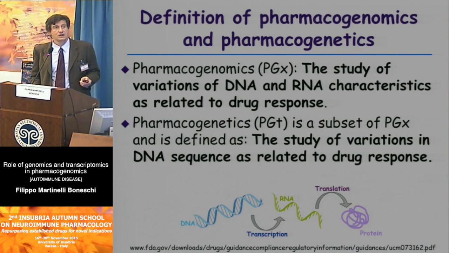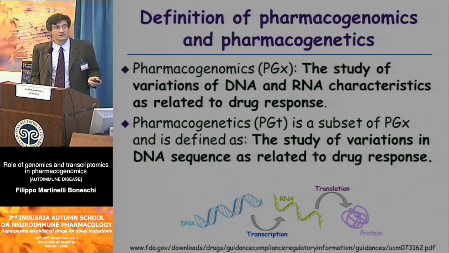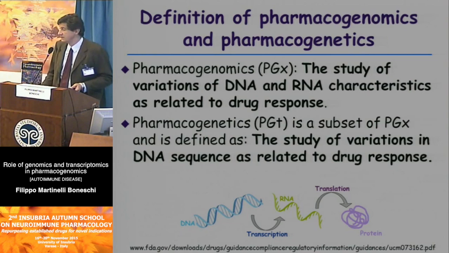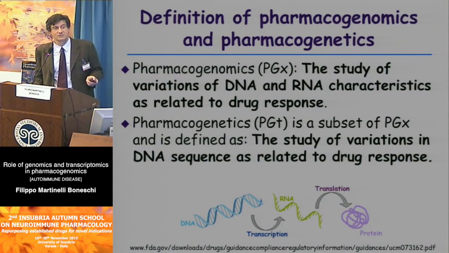Pharmacogenomics is the study of variation of DNA and RNA characteristics as related to drug response, while we can define pharmacogenetics as a subset of pharmacogenomics, which is more implicated in the study of variation in DNA sequence as related to drug response. So this is a definition.